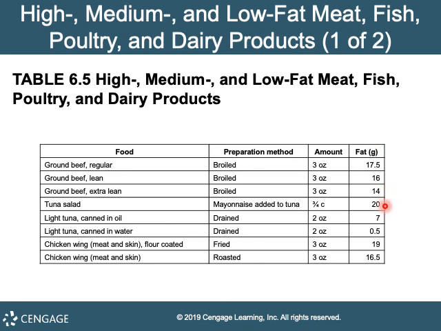The same goes for tuna, whether it's in a tuna salad that has a lot of mayonnaise, or tuna packed in oil, versus just plain tuna in water, which will have much less fat. But they all will give you the omega-3 fatty acids. And the dark meat, like a chicken wing, will have more fat than a chicken breast.